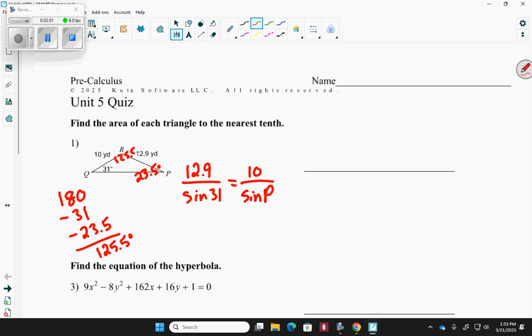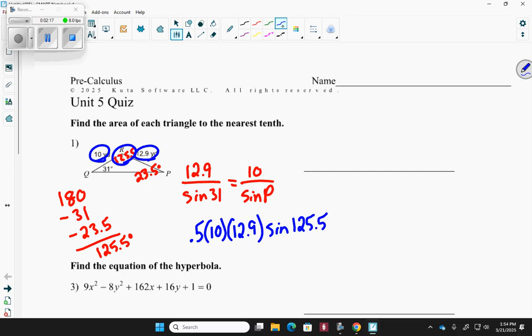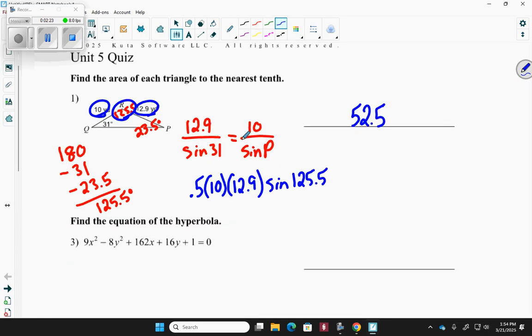Now I have my side angle side. The formula is 0.5 rather than 1/2, times my two sides, which is 10, 12.9, and then sine of 125.5 degrees. Plug it in your calculator, and you get 52.5 for your area.